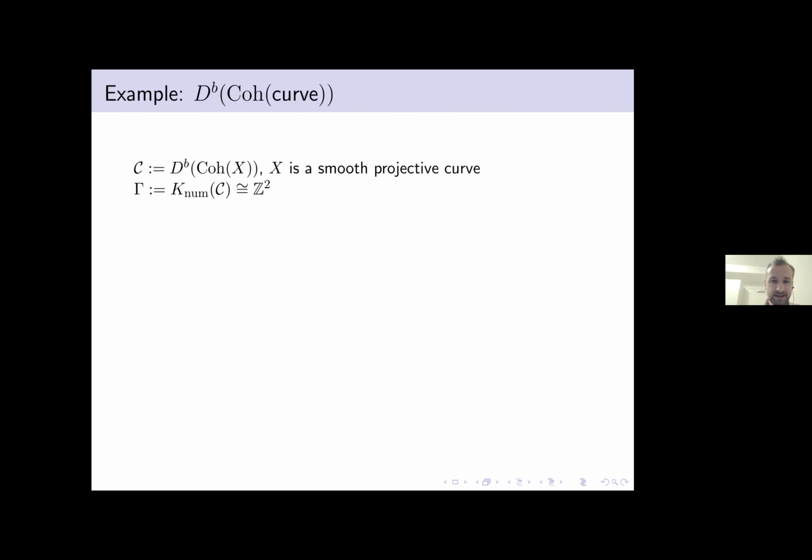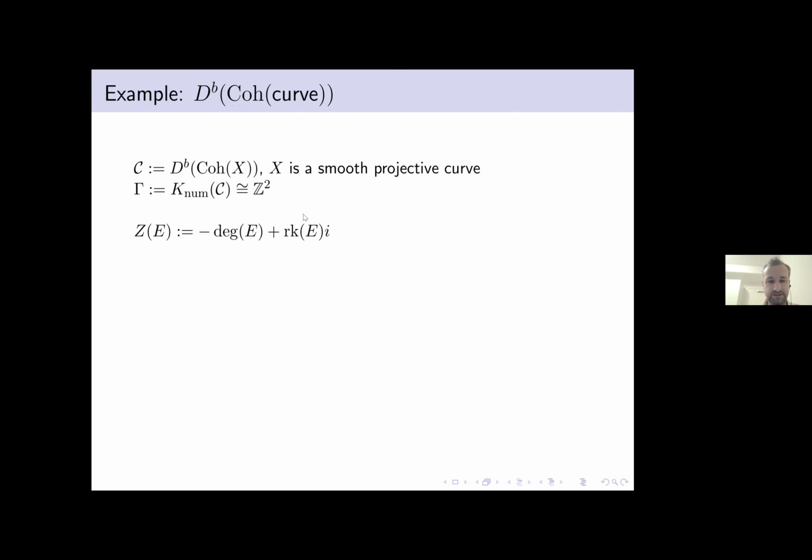So probably good to have an example, and a canonical example. If you take the bounded derived category of coherent sheaves on a smooth projective curve, and for this gamma, we'll just take basically rank and degree, which is numerical K theory, that's isomorphic to C squared.